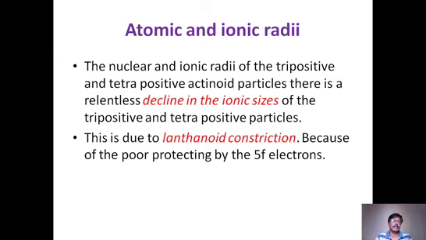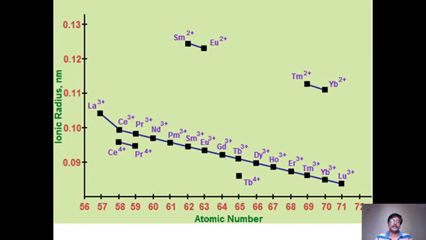When you compare for actinides also, look at this trend of ionic size. All are in +3 oxidation state, starting from lanthanum to lutetium. So there is a drastic decrease gradually, and there is a decrease in the ionic size of +3 ions of lanthanides.